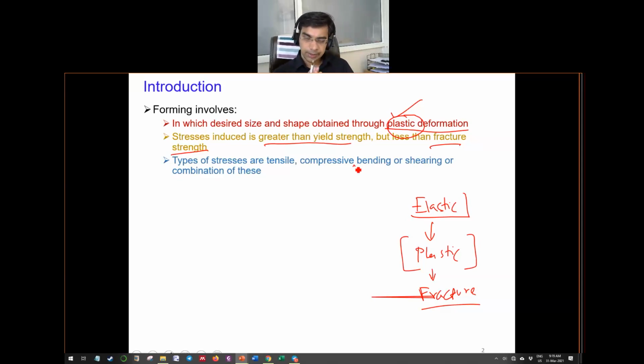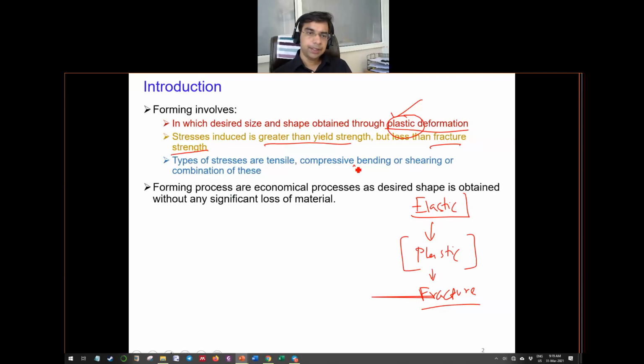Practically speaking, there may be a combination of all these processes, but for the sake of understanding, they can be simplified to a larger extent. We will be seeing the details of these different processes which use these different types of stresses which are induced.